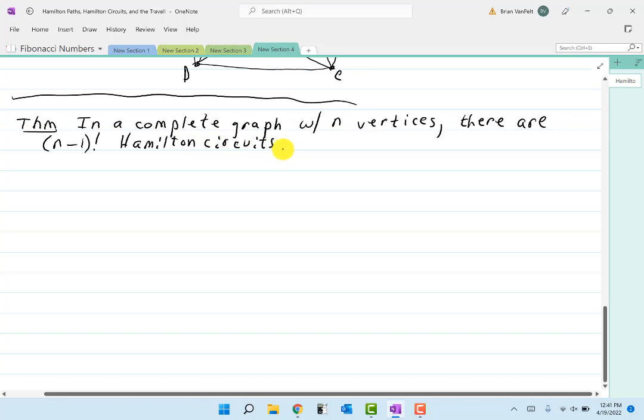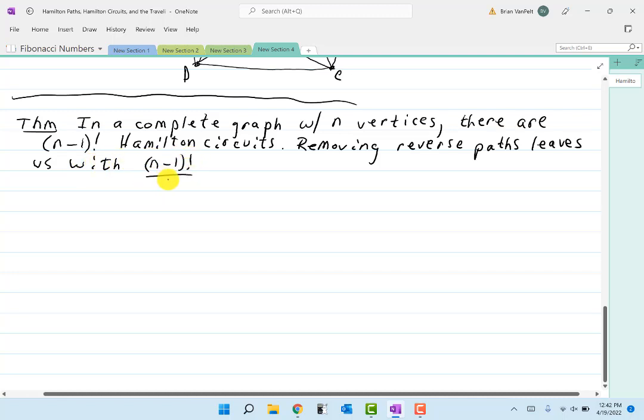Now, if you throw out reversals of the ones that we find, removing reverse paths leaves us with n minus 1 factorial over 2 essential Hamilton circuits.